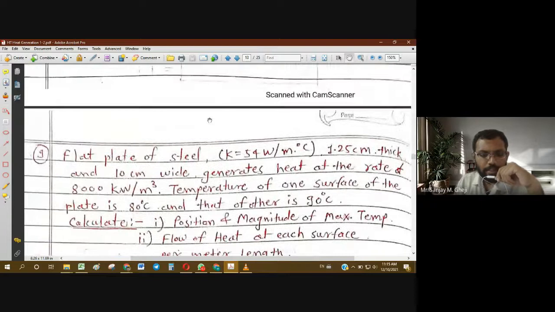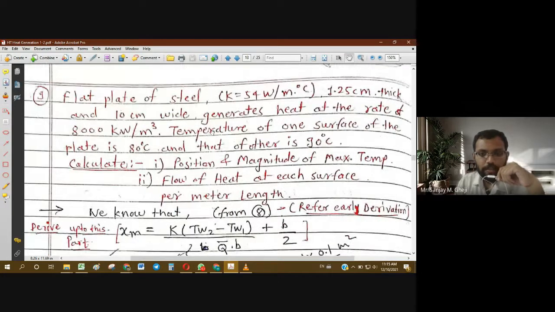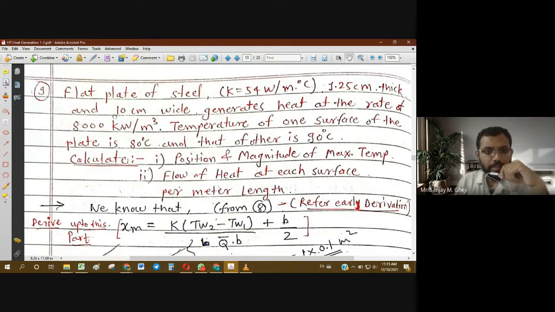Based on this case, we will solve one short problem, so that will give you a clear understanding of all this theory. Now the problem statement is like this: a flat plate of steel, in brackets K equal to 54 watt per meter degree Celsius, 1.25 centimeter thick and 10 centimeter wide, generates heat at the rate of 8000 kilowatt per meter cube.